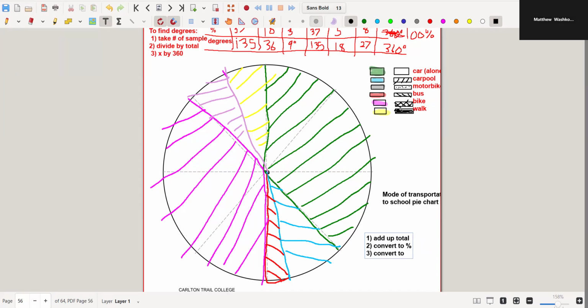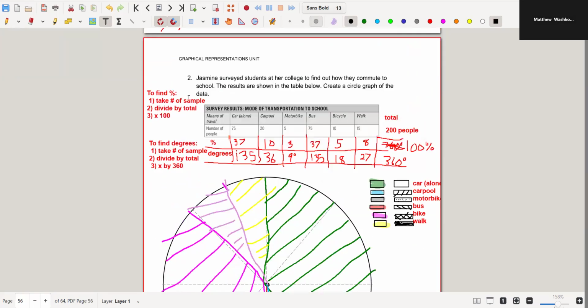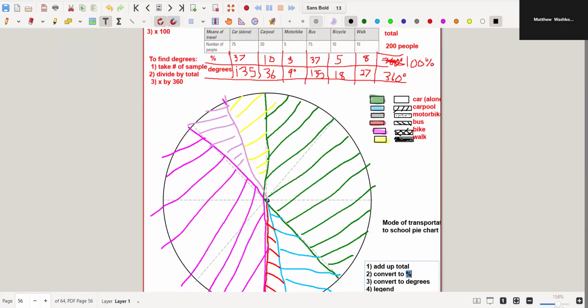Then you need to convert to degrees. You need to draw a legend. You need to split into 8, which are 45 degrees each. And then you just need to draw it as best as you can. And if you want your instructions for how to do percentages, how to do degrees, you can do that up here.